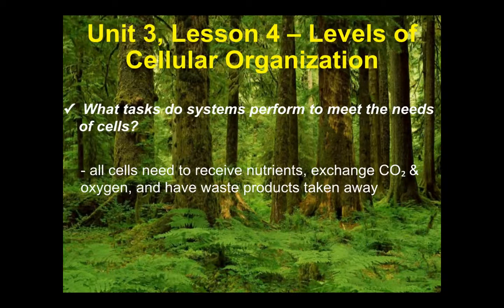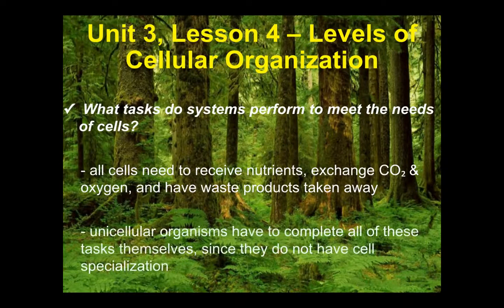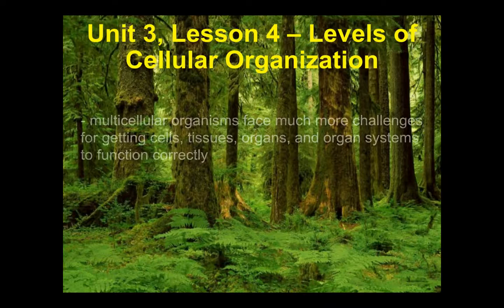Our circulatory system, our blood, takes that oxygen all through the body. The cells exchange the clean oxygen for CO2 that's already been used. And that goes back out into our lungs and then back out. And then, of course, waste products have to be taken away. So unicellular organisms do all of that in their one cell.